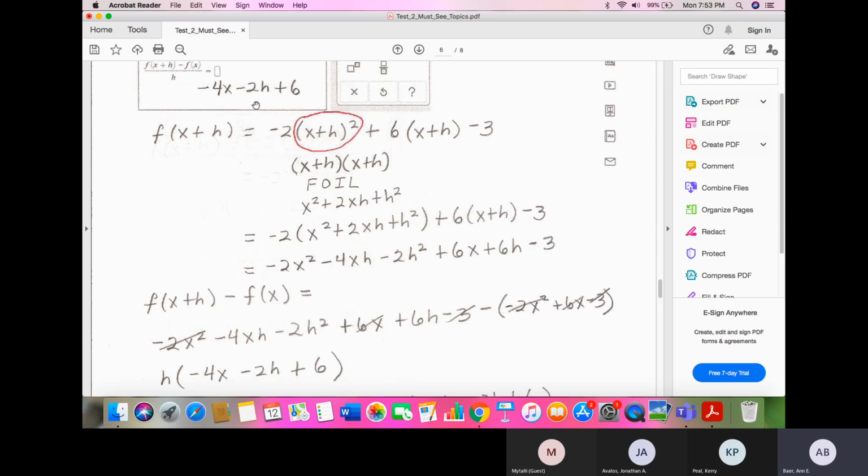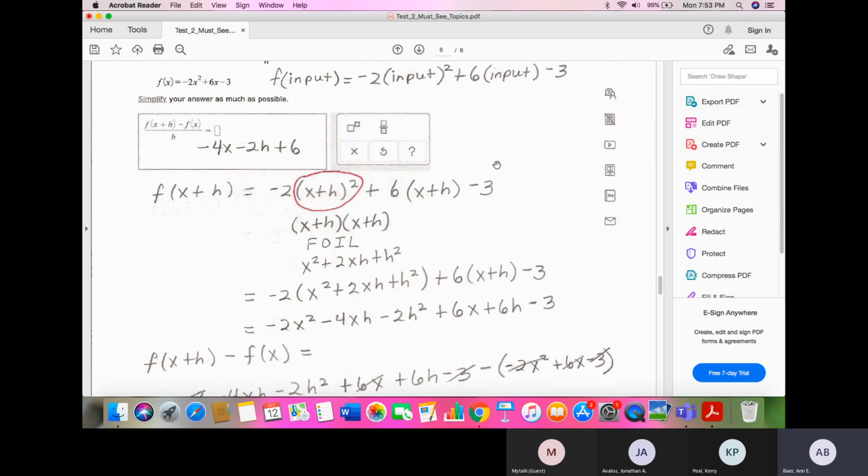Any questions about this particular topic? That's probably the most labor-intensive topic that you have. Now, you might say the parallel and perpendicular line problem, because there were two parts, that one too. So any questions on finding the difference quotient?